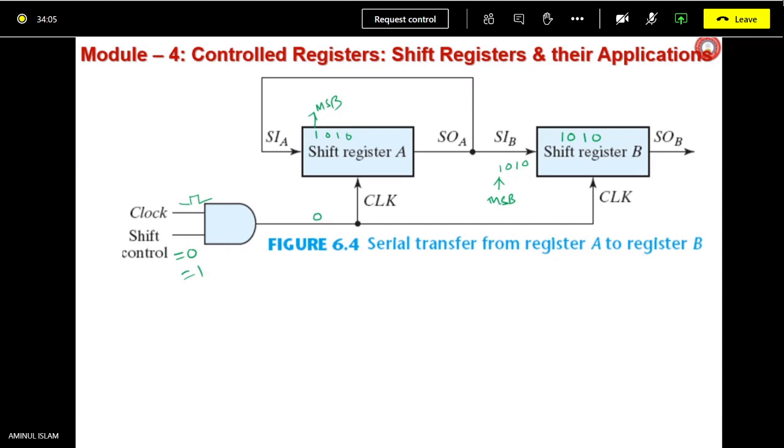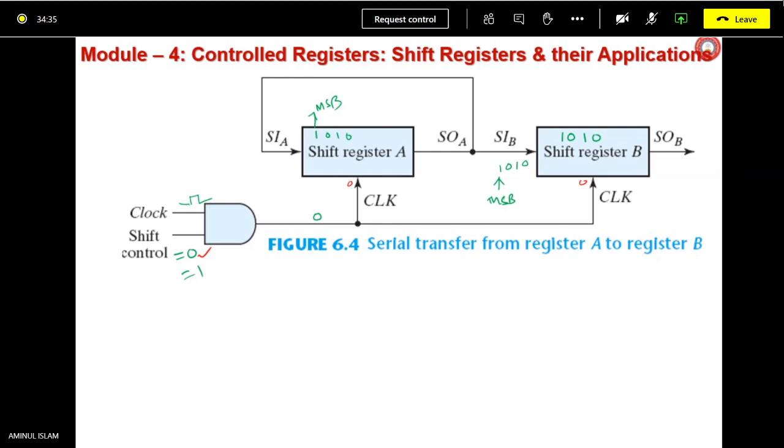And if you apply 0 here, if shift control is 0, what will happen? Another point to remember: if shift control is 0, clock is 0, and hence it is going to retain the previous stored value, whatever is stored.